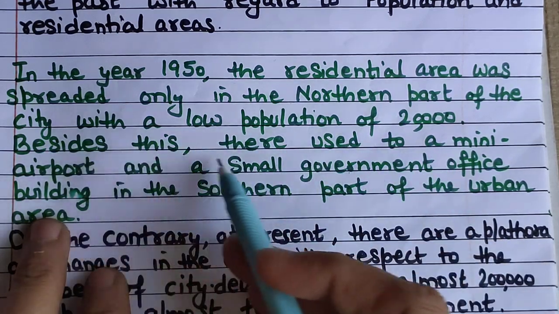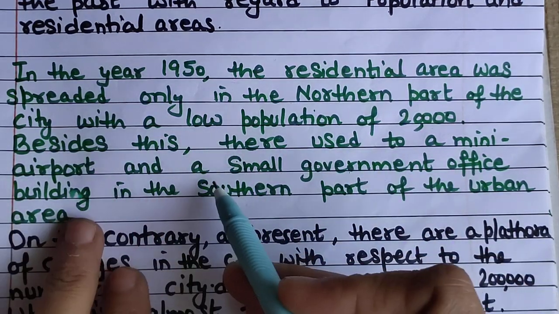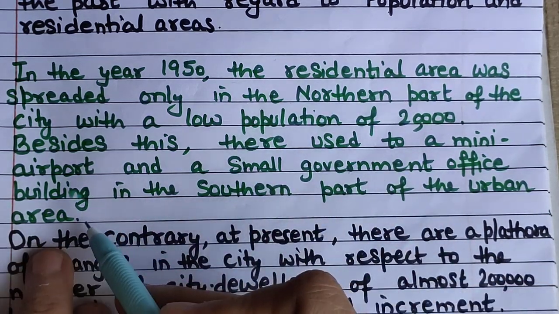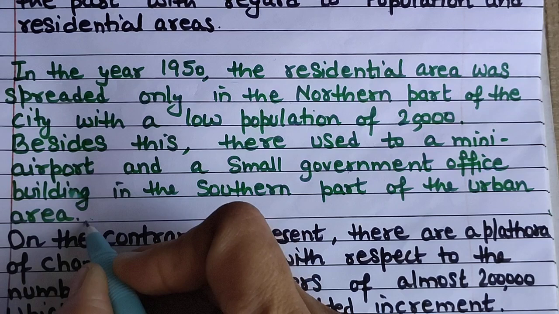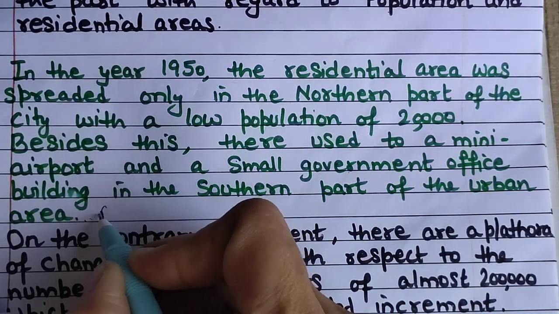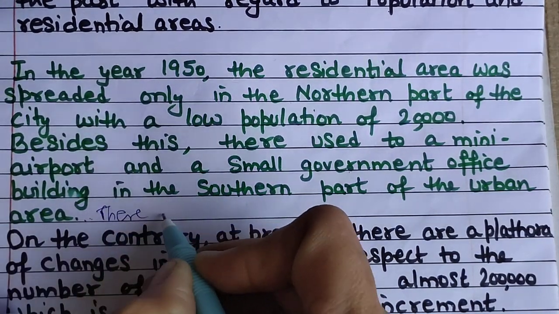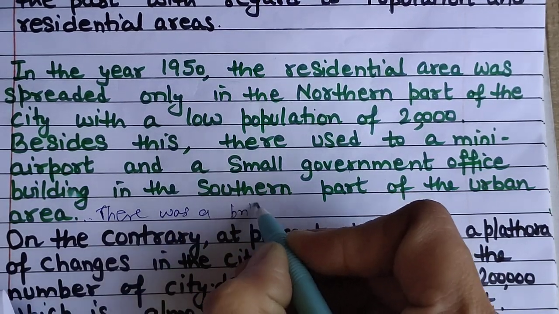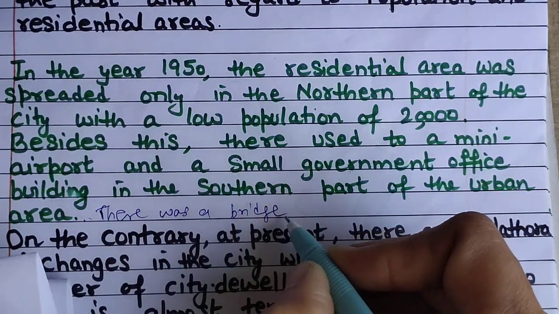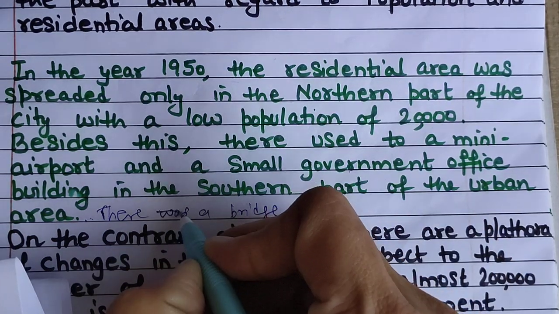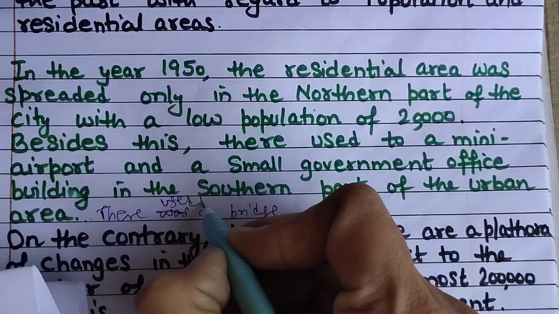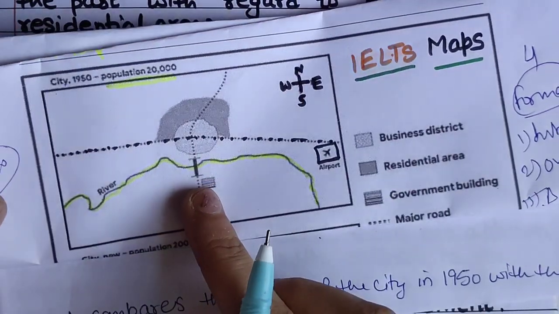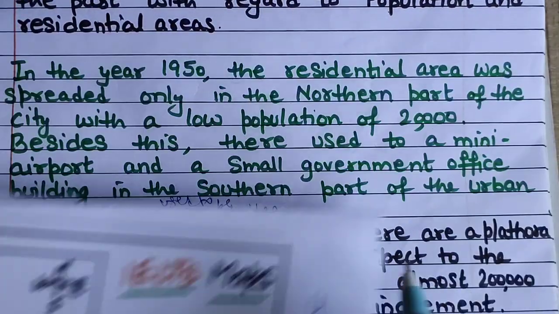Besides it, there used to be a mini airport and a small government office building in the southern part of the urban area. Okay, instead I should use the bridge also. You can use the sentence, there used to be a bridge on this road, on the river.